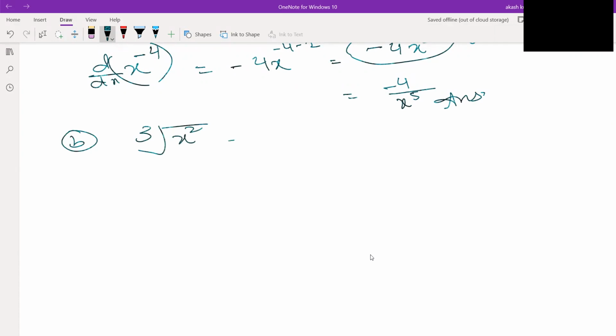Okay, so how will we find its derivative? Can we write this function as x square to the power 1 over 3?